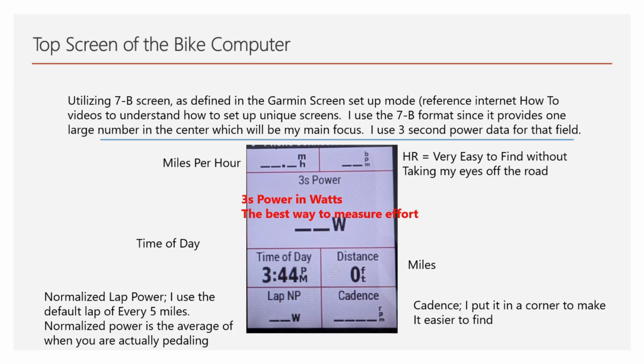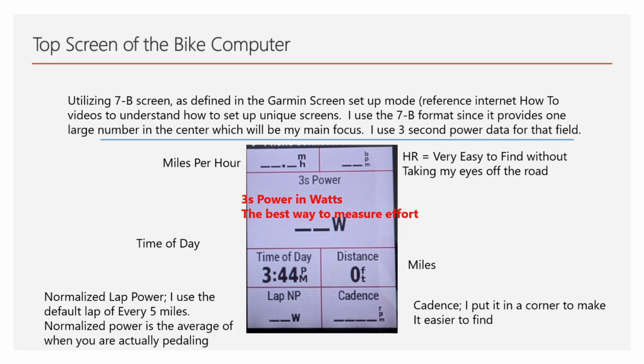That is where I put my power. I use 3-second power for that. Now, if you don't know how to set up your bike computer to different types of screens, you can go in there and say, I want 4 numbers, I want 5, and then it walks you all the way up to 10. 7 is what I found the most useful.